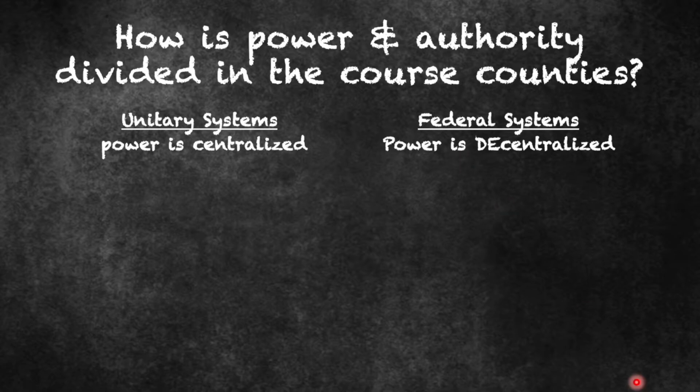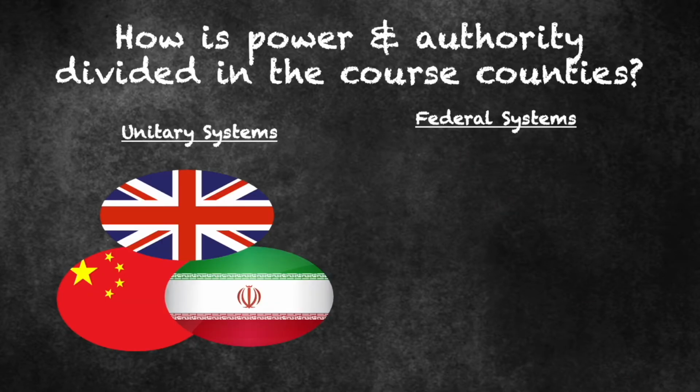So, which of the AP Comparative course countries are unitary systems? We have China as a strong centralized government, a unitary system. Yes, there are local governments, but all power resides with the centralized Chinese government. Iran also is a unitary system where the power is maintained by the centralized government.